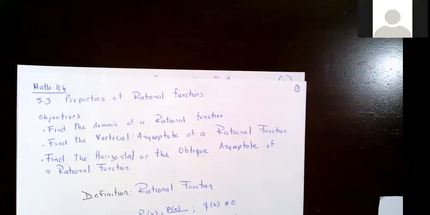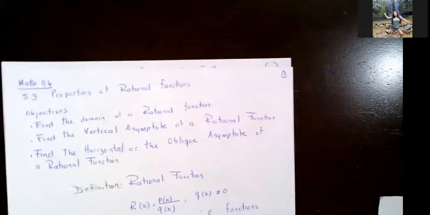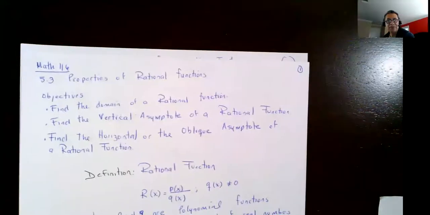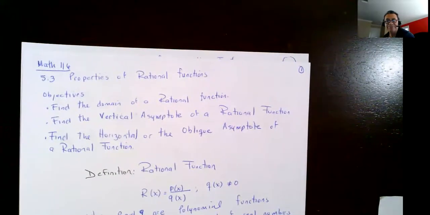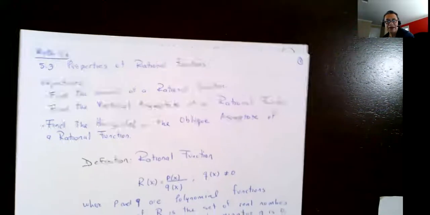All right. So let's start our lecture. Again, good morning and welcome again. Glad to hear you and to see you again. All right. So again, let's start with 5.3. Hopefully everybody's ready with your coffee right there. And 5.3 is properties of rational functions.